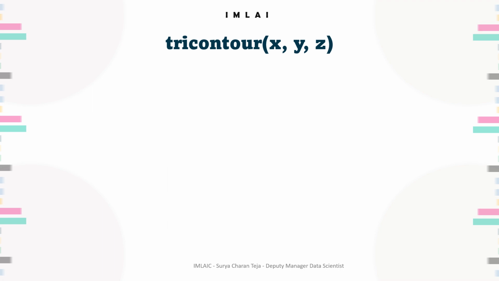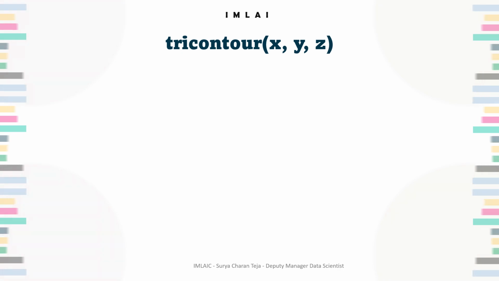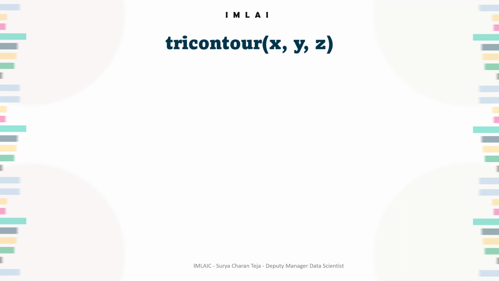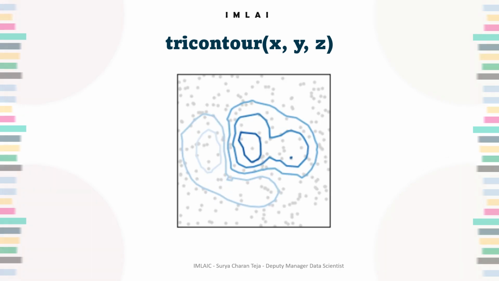The tricontour method or function in the pyplot module of the matplotlib library is used to draw contours on an unstructured triangular grid. The syntax looks like that, which you can see on the screen.